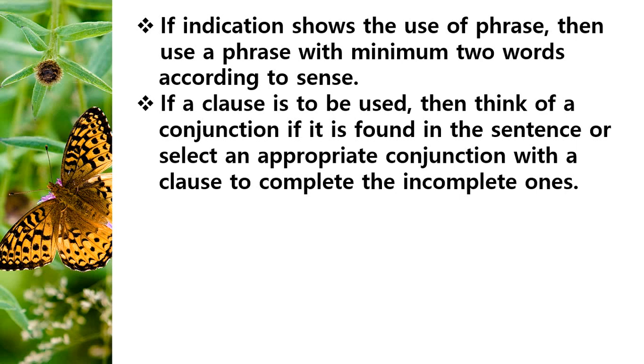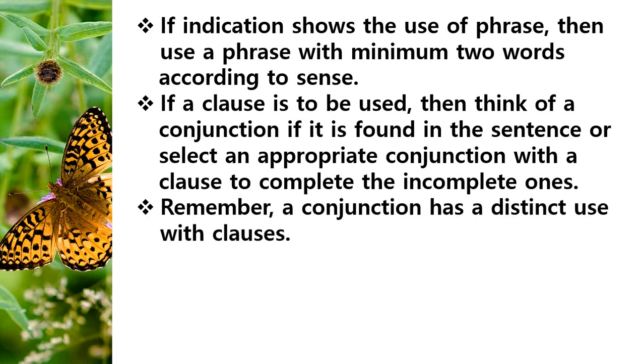But if we don't find any conjunction, then we have to select a conjunction, and according to the conjunction we have to apply rules. Remember, a conjunction has a distinct use with clauses. Different conjunctions can be used differently.